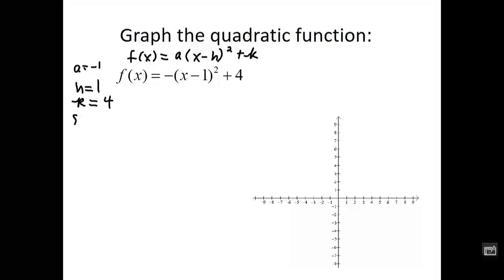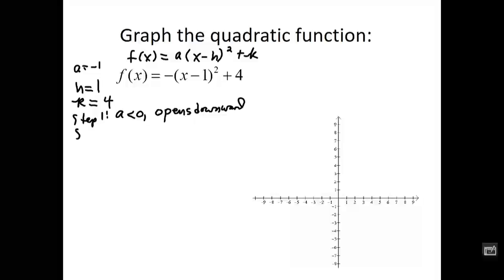Let's make some notations here for step 1. We also notice that a, which is negative 1, is less than 0. When a is less than 0, the parabola opens downward. So that's the first thing.